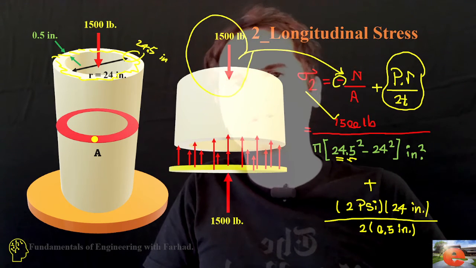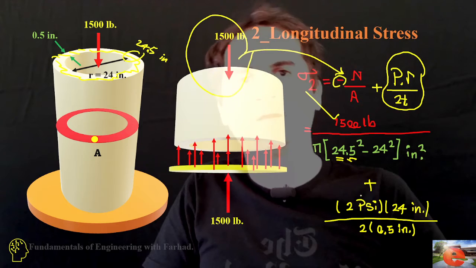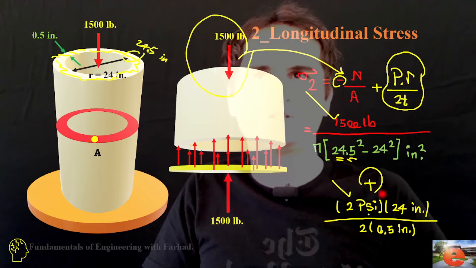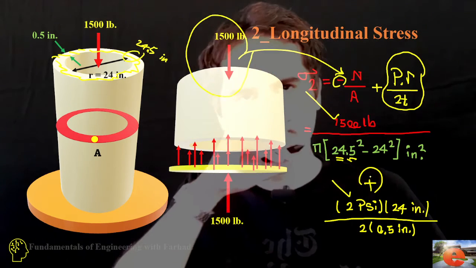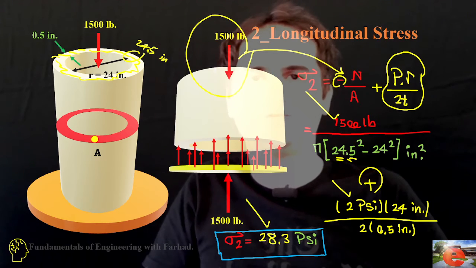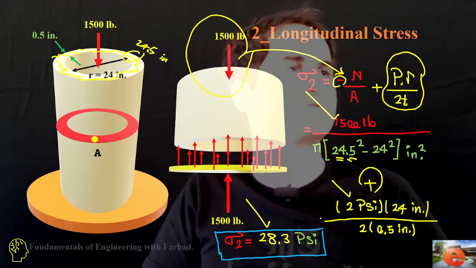That gives us the surrounding area in inches squared, plus 2 psi, which is the internal pressure of the gas, times 24, the radius, over 2 this time, because of the formula. It gives us a numeric value for sigma 2 in pounds per square inch.